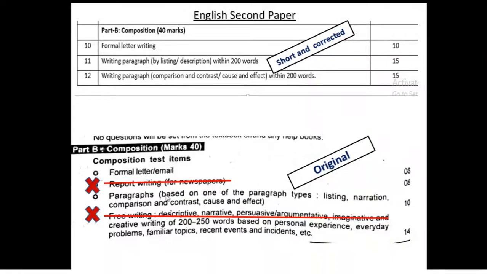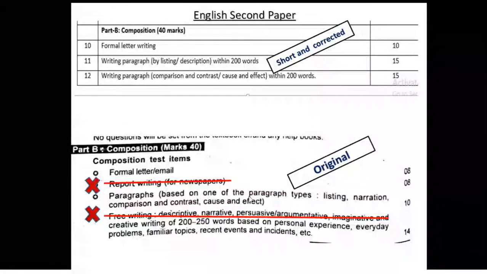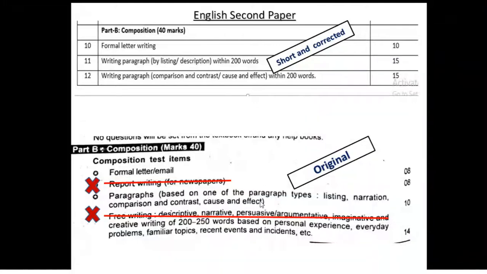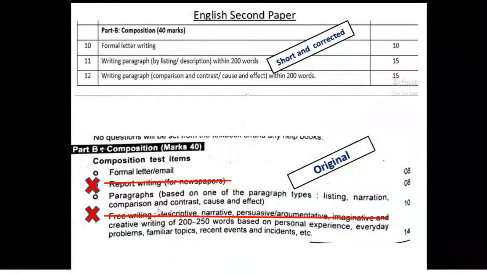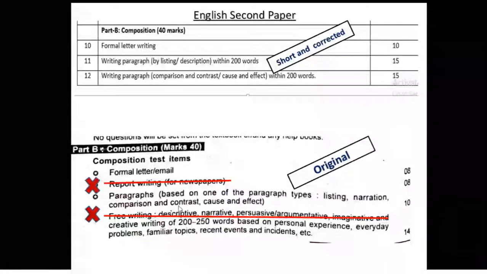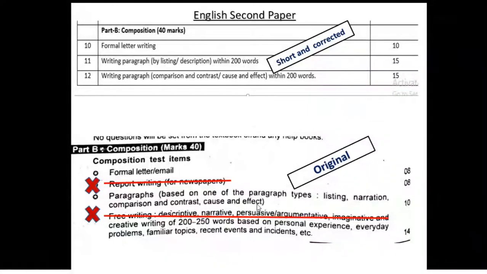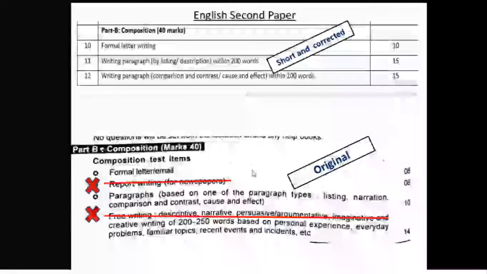And here, paragraph based on one of the paragraph types: listing, narration, comparison and contrast, cause and effect. And this one item has been divided into 2.